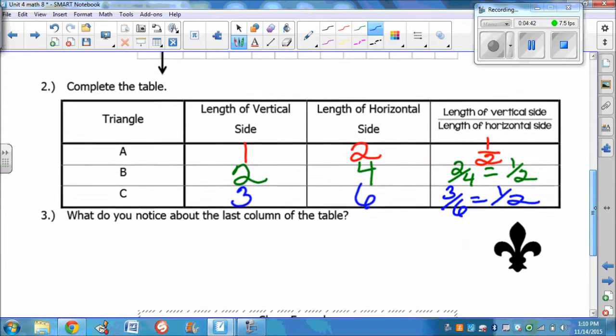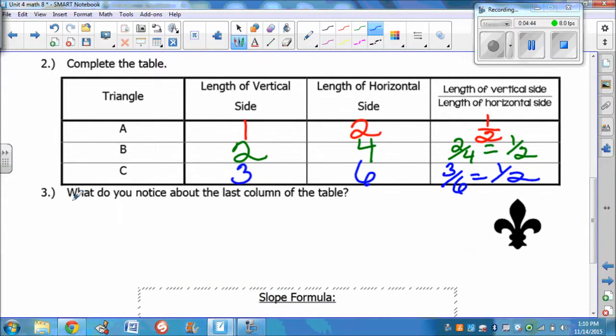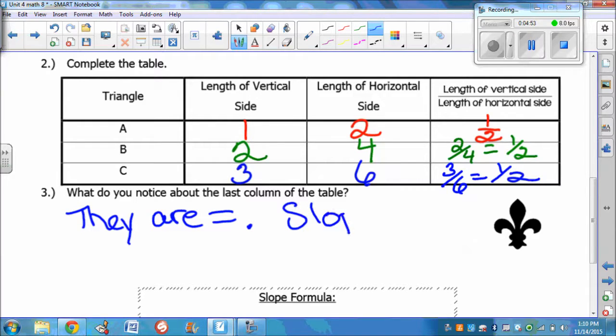So it says, what do you notice about the last column of the table? Okay, they are equal. So the slopes are the same. That's our slope.